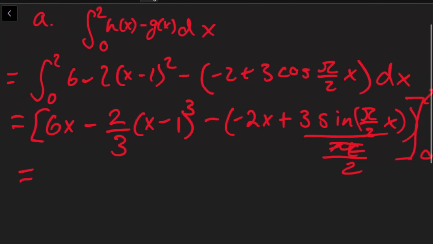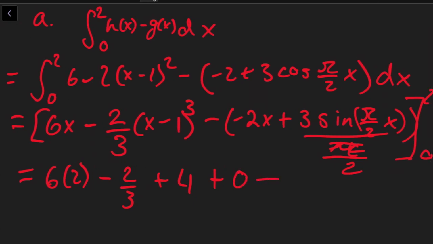So this will become 6 times 2 minus 2/3, because 2 minus 1 is just 1 cubed, plus 4 plus, so we know that sine pi over 2 times 2 will just be sine pi, which is just 0, minus 6 times 0 is 0, 2/3 times -1 cubed, minus 0, minus 0, plus, and if we do sine of 0, it's just 0.